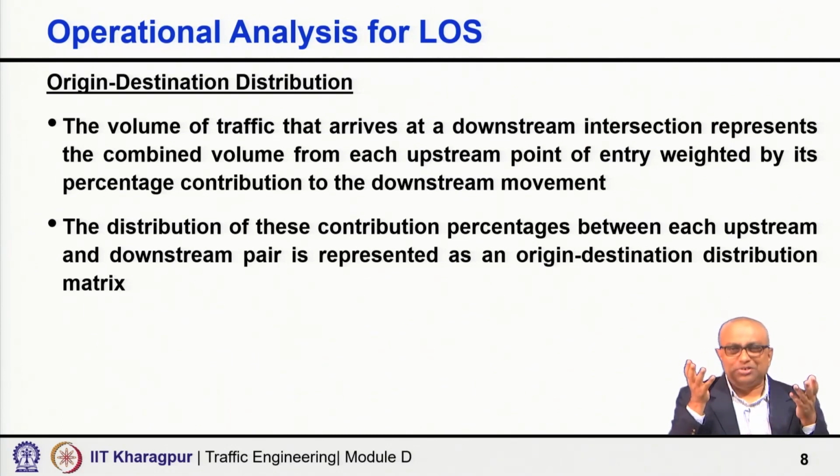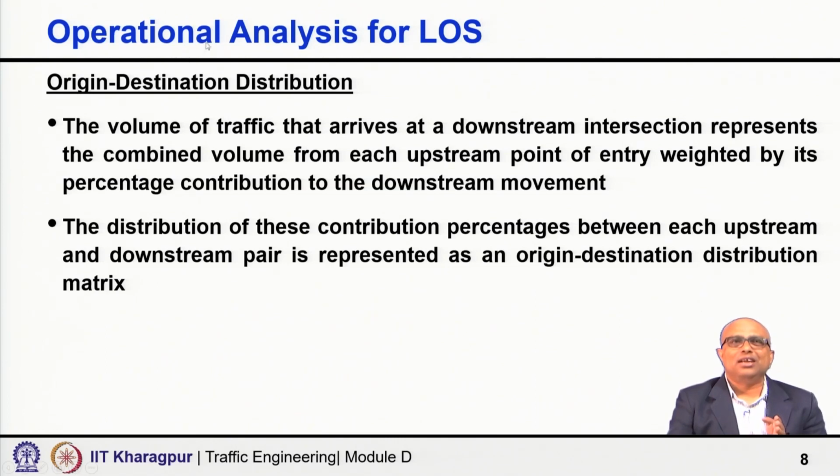If the exact OD is known, fine, but many times you may not be able to capture the exact OD. So, what we assume here is in proportion. So, traffic entering from different points, in proportion I will assume that the entry is happening.